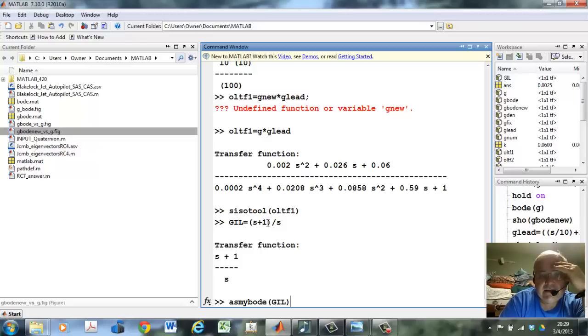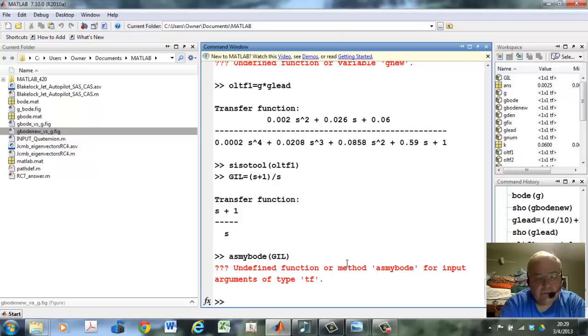So that's my crossover frequency. If I add the s plus 1 over s, the 90 degrees of phase loss from the denominator will be taken out at 10, which is the bandwidth. So my phase margin won't change.